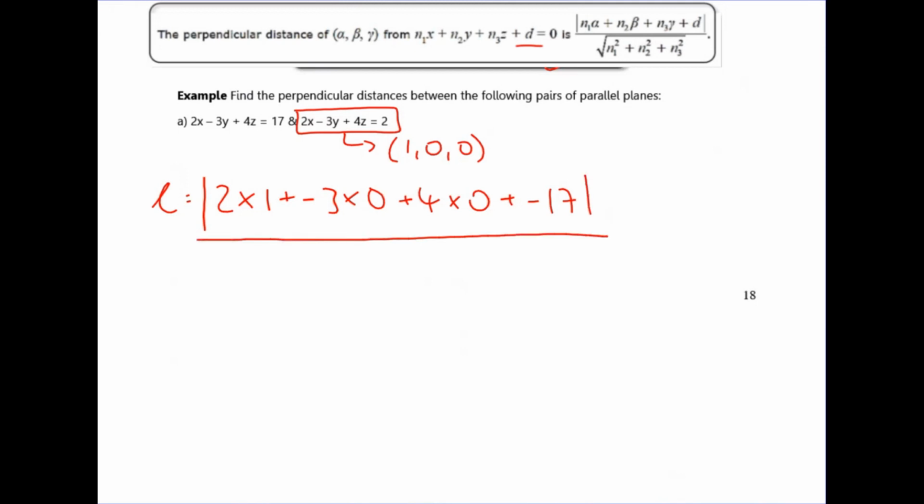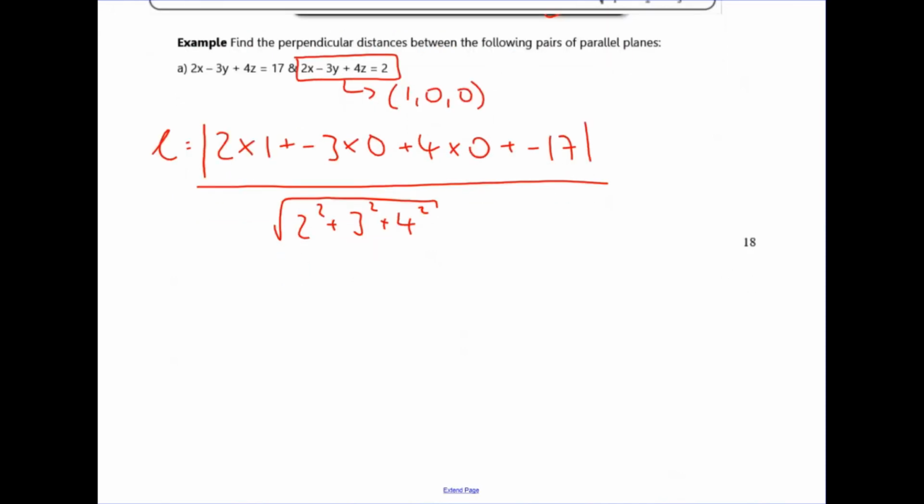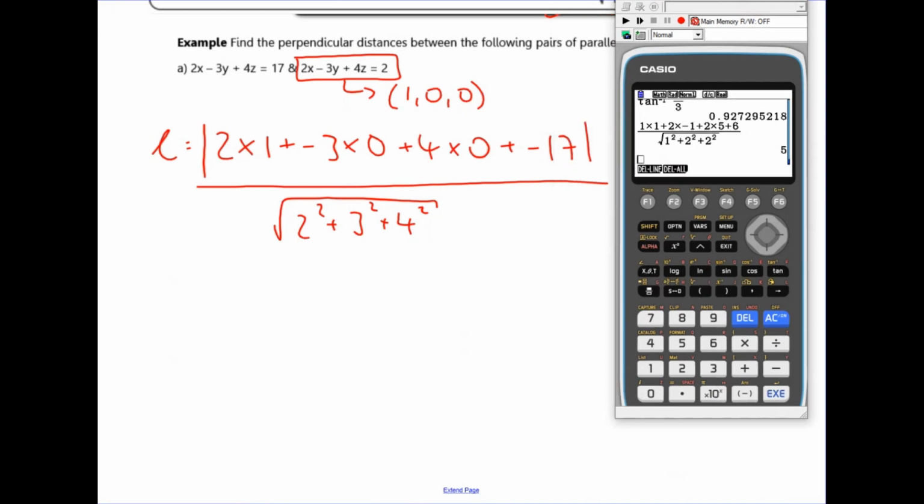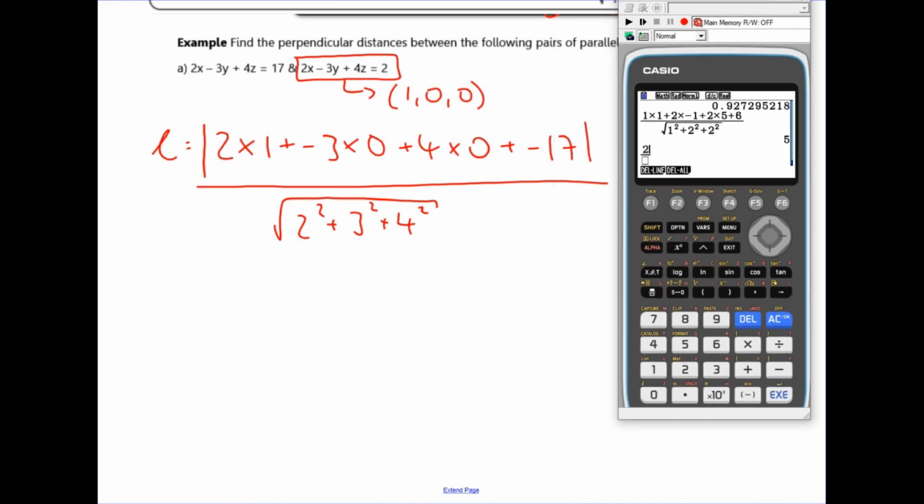And then it's over n1 squared plus n2 squared plus n3 squared. So that's 2 squared plus 3 squared plus 4 squared. A lot of this ends up being 0. Let's type this into your calculator. 2 times 1, next bit 0, next bit 0, minus 17.